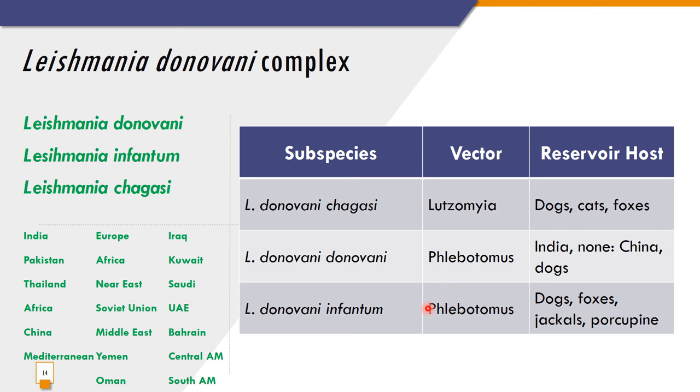Okay, so the important thing to remember, class, is the vector and the subspecies of the complex. It is okay if you are not very familiar with the reservoir host. The important thing is to know the vectors.